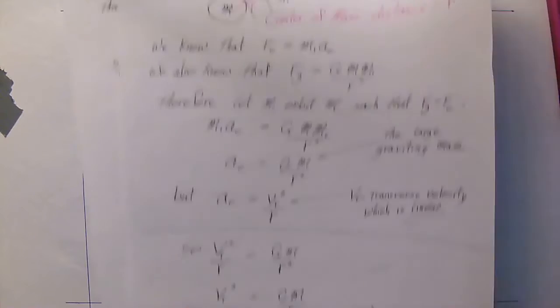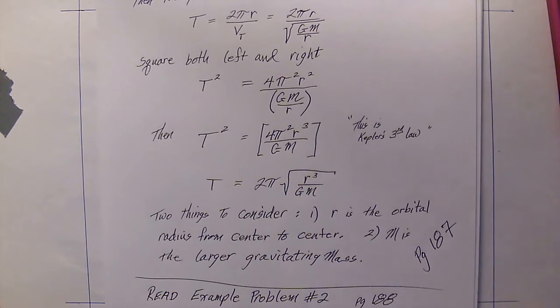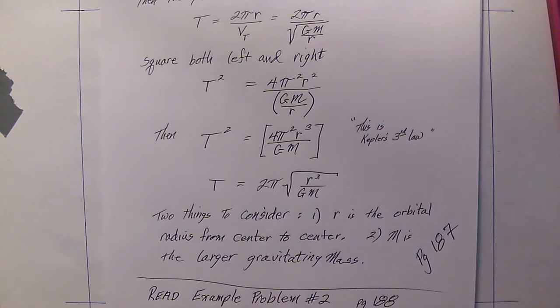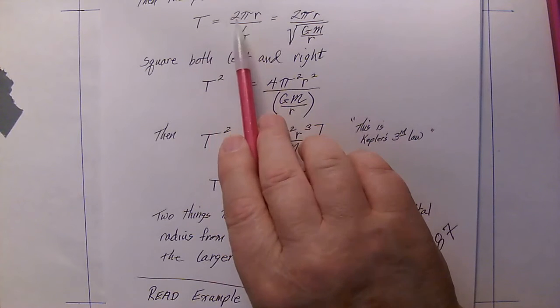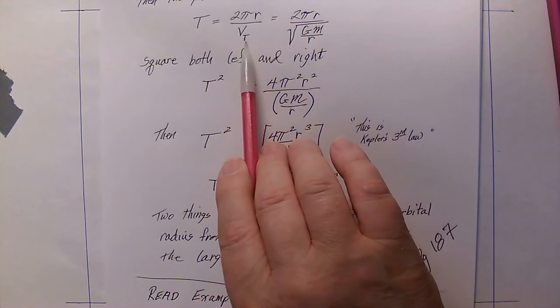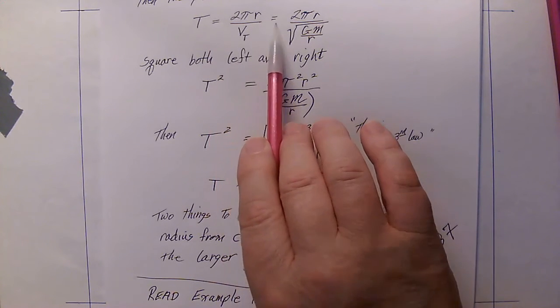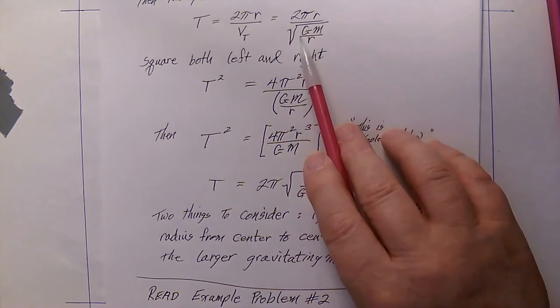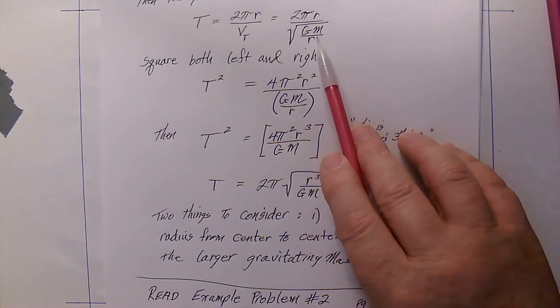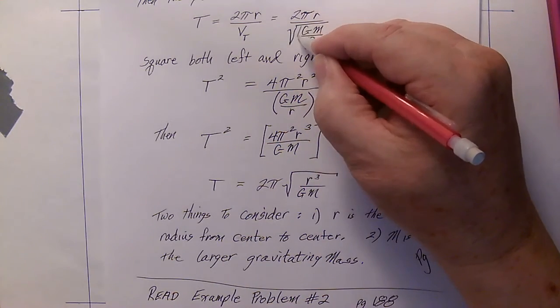Now this allows us to find this period, and it's simply the circumference 2 pi r over vt, which is 2 pi r over the square root of GM over r. Now that's the square root of this whole thing here.